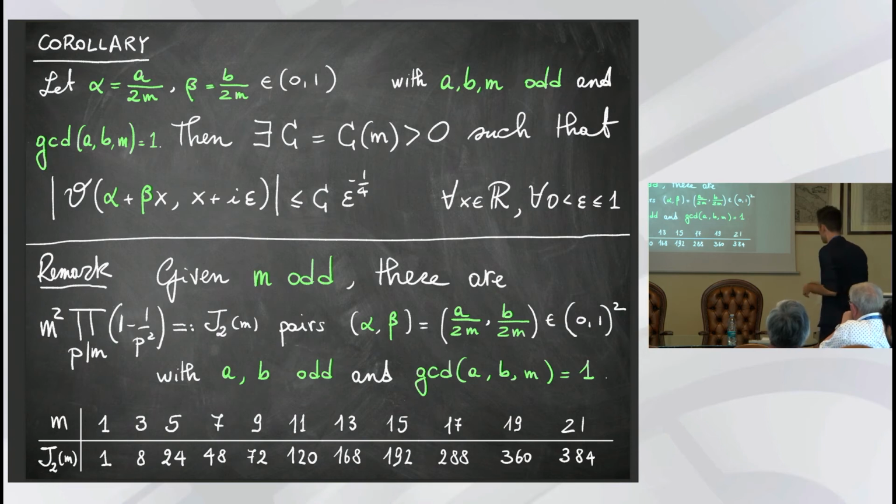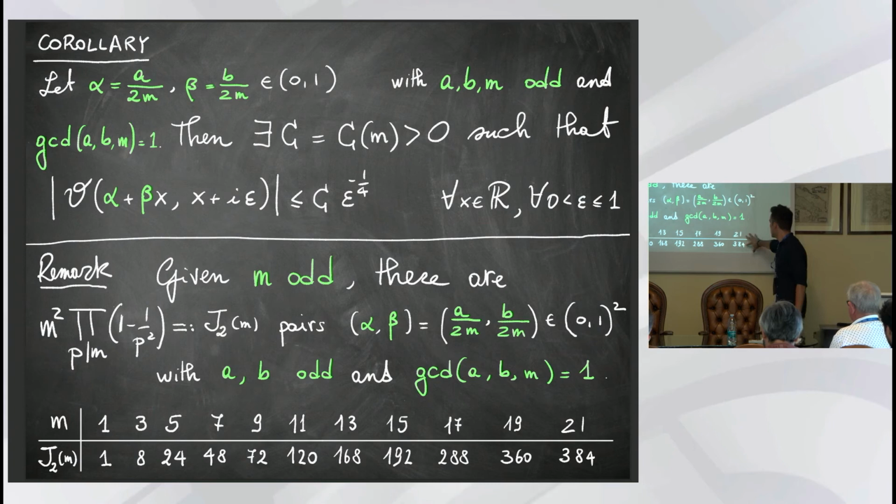You can see there is an arithmetic function that counts these things. These are also called Jordan totient functions. This is the second Jordan totient function for the number theoretically oriented people. And here is a count of how many such pairs there are for given m. And you may realize that this quantity grows approximately like m squared.